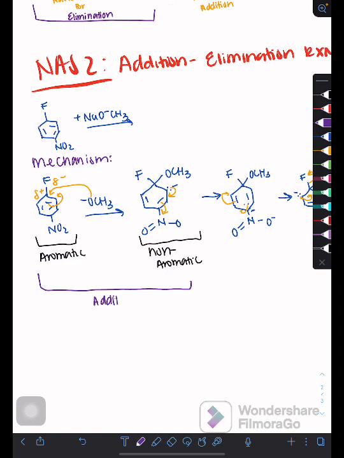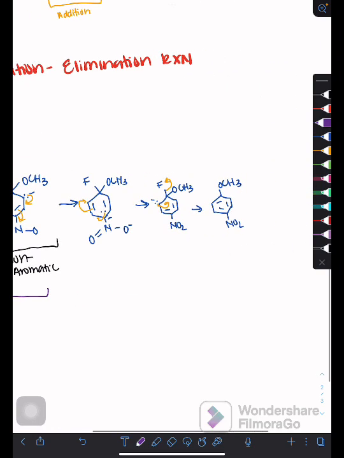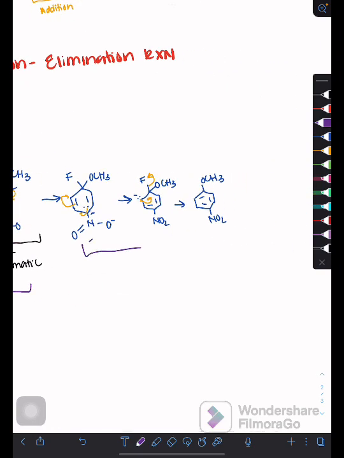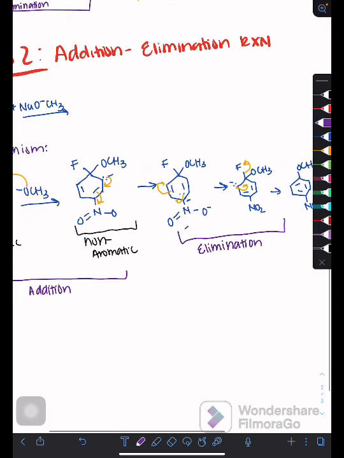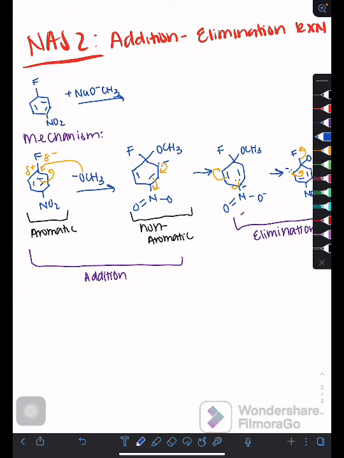So addition. And then this here would be the elimination because of the F leaving. And I also wanted to point out that this group right here is an electron withdrawing group. So over here, just so you know.